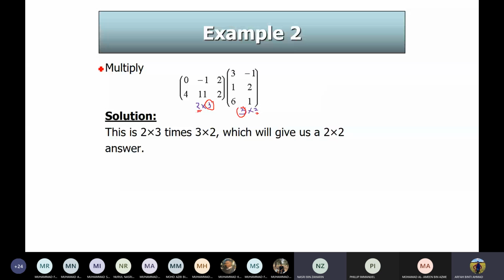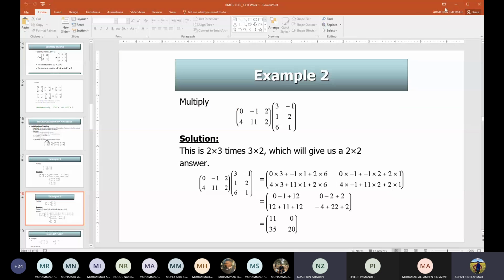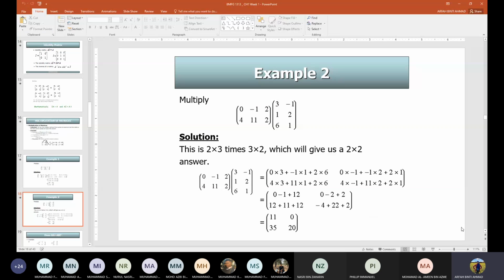Okay, kita tunggu yang lain punya jawapan. Are you going to get the same answer with your friend or not? Emmanuel? Okay, so far? I understand, but it's taking a while to calculate. Okay. That's okay. Take your time.